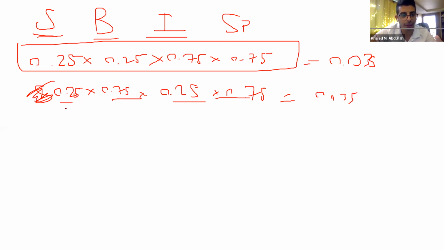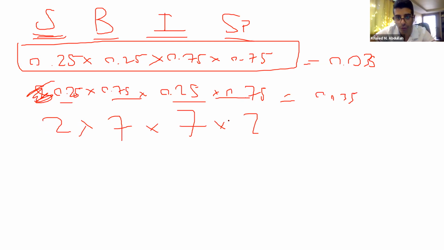So the third one will be Superman and Spider-Man. So it'll be 0.25, and this will be 0.75 times 0.75, because Iron Man's fine, and this will be 0.25, right? So 0.25, 0.75, 0.75, 0.25.